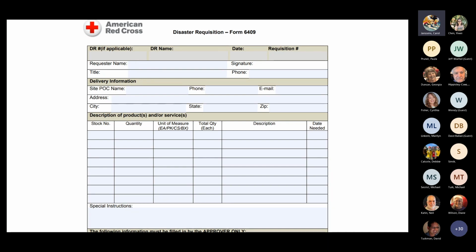We want to do that all ahead. The mass care cards that we have to purchase things at the shelter are only supposed to be used on things that we need right away. We don't want the everyday things. We want everything to go through logistics.